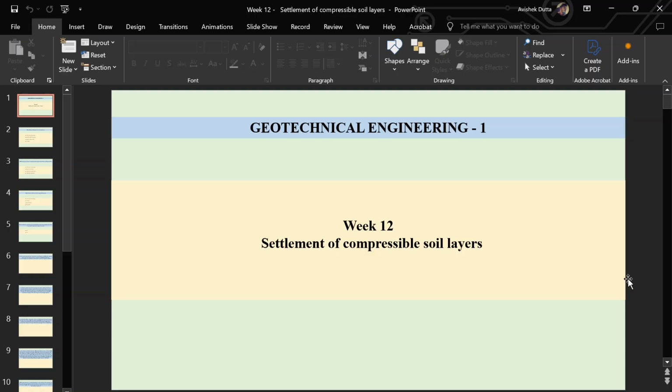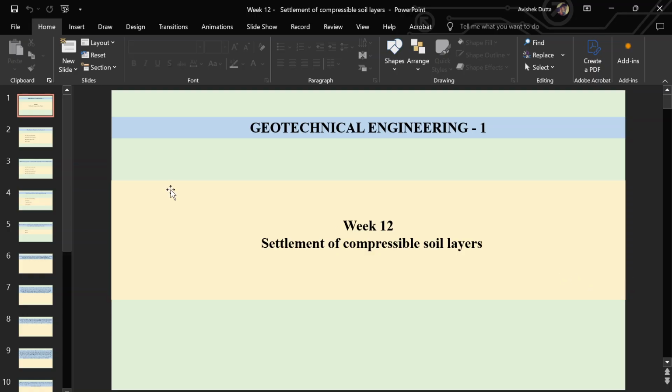This particular session has some more numericals, because in the last class, in the chapter of consolidation, I mainly dealt with the concepts, and in this chapter the problems with respect to the settlement of soil layers have been given. So I'll start dictating the questions right away, and those of you who join will get approximately 15 minutes after I dictate the questions, after which I'll again start in the same Google Meet link and discuss the solutions.